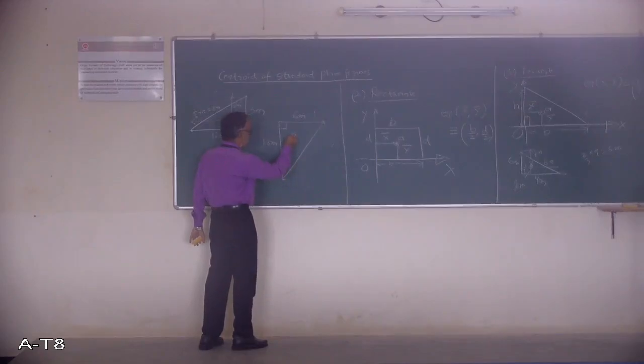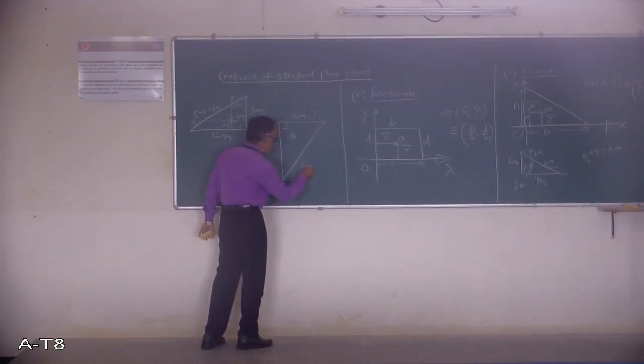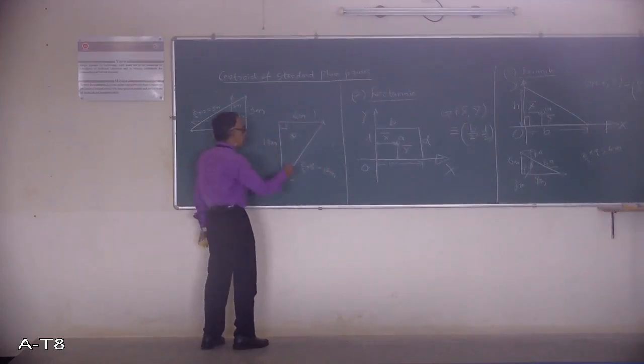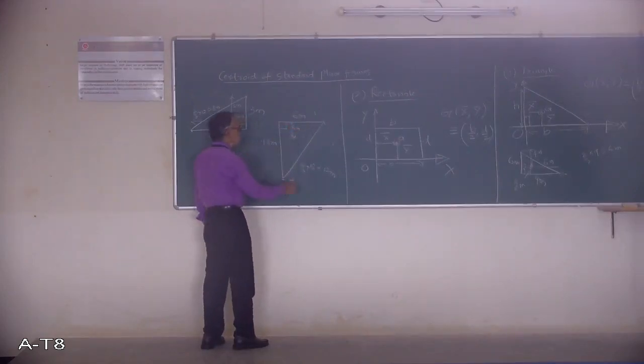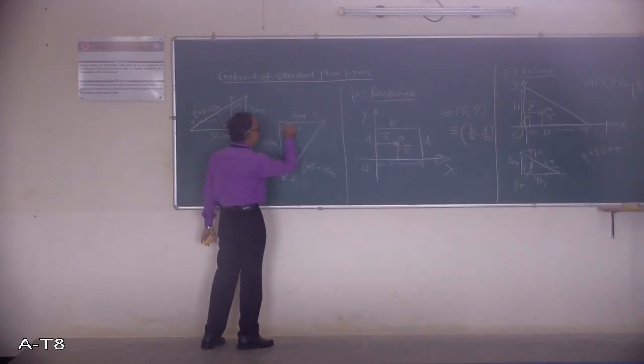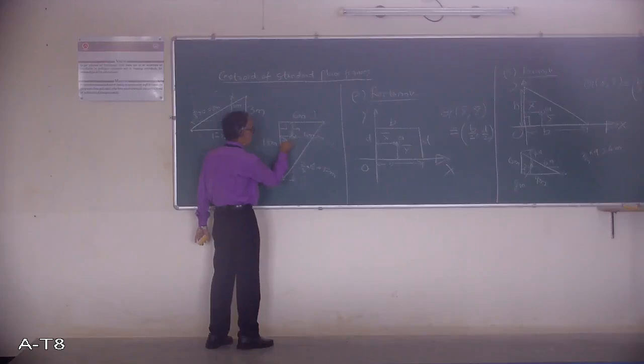If you measure like this, from the apex, 2/3 of 18 will be 12 meters. If you measure from here, 1/3 of 18 will be 6 meters. Similarly, if you measure like this from the apex, 2/3 of 6 is 4 meter, 1/3 of 6 will be 2 meter.